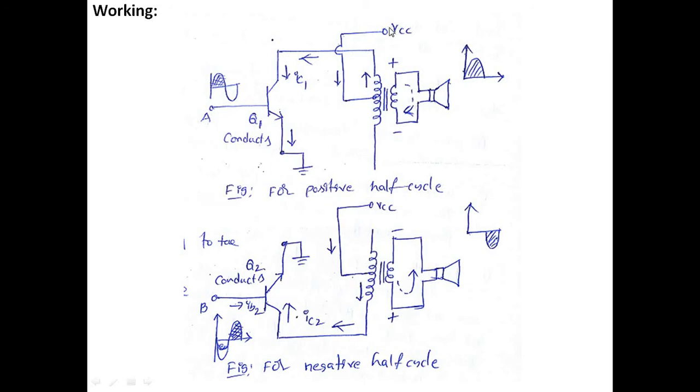Now from VCC, the current flows through the upper portion of the transformer like this. Because of this, a current is produced in the secondary of the transformer, in the direction plus to minus, delivering the signal across the load, called a loudspeaker.